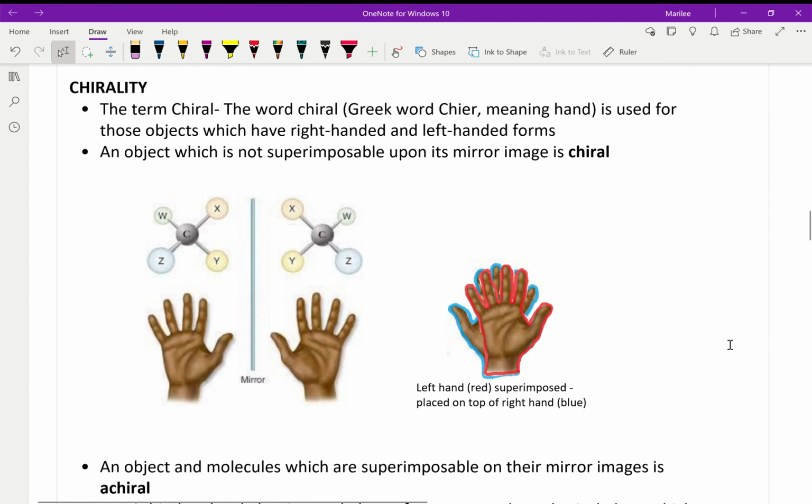The term chiral comes from the Greek word here. I don't know if I'm saying that right. It means hand. So an object can have right-handed or left-handed forms.